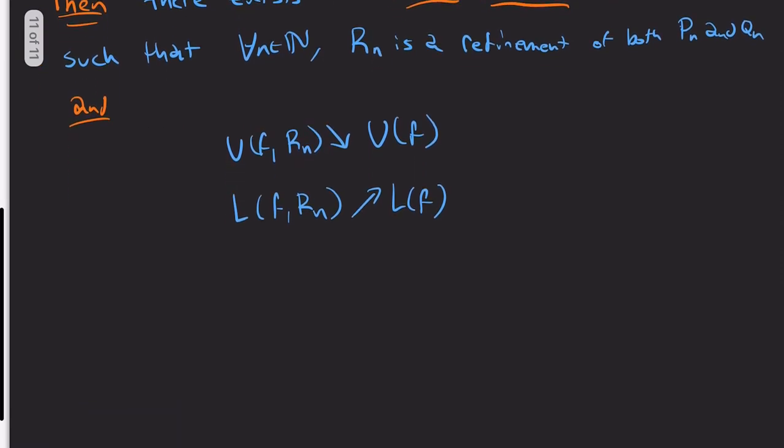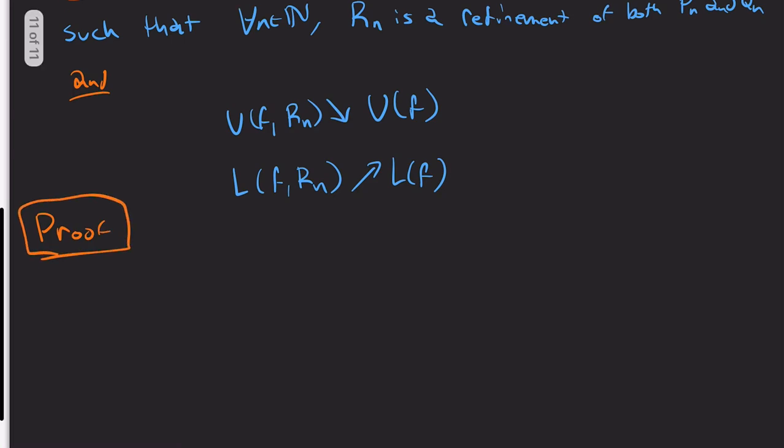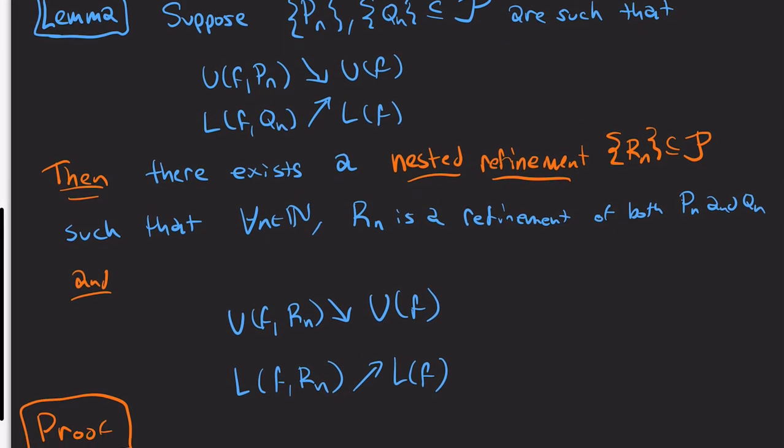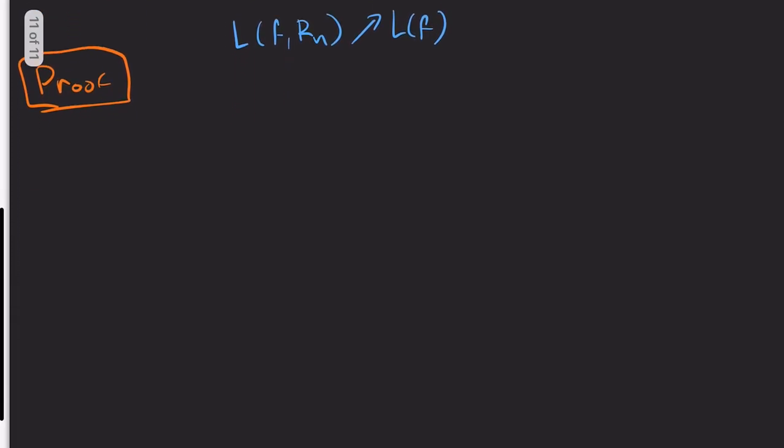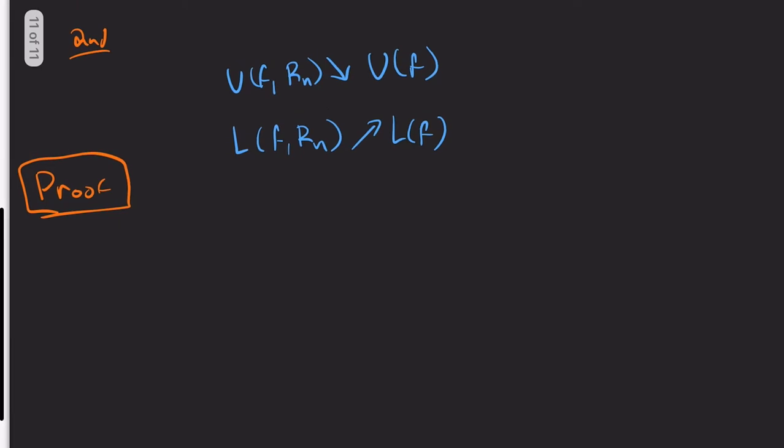So let's go ahead and prove this. I actually prefer the orange here, so I'm going to switch up on you guys. To prove this, it's a very simple construction. You can think about this a little bit and pause and see if you can think what we're going to do here. There's a few different ways you can write this, but I'm going to do it this way.